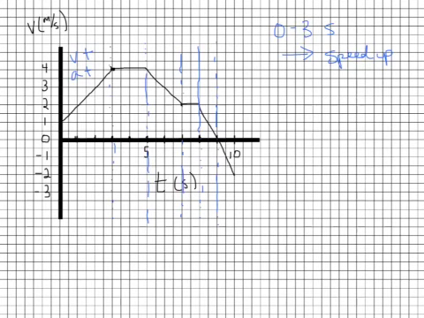Okay? Now, from 3 to 5 seconds, my velocity is still positive because I'm still above the horizontal axis there. But now I have zero slope, so my acceleration is 0. So if my velocity is positive and my acceleration is 0, then now I am moving right, but I'm doing that at a constant speed.